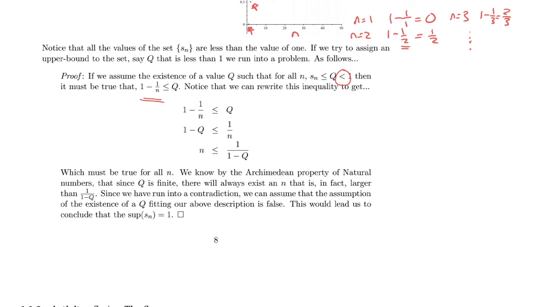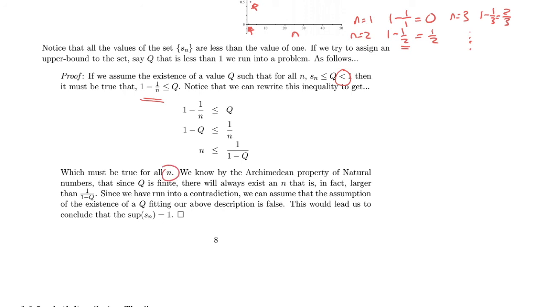Notice that we can rewrite this inequality. We've got 1 minus 1 over n is less than or equal to q. I can swap the 1 over n and the q to get 1 minus q is less than or equal to 1 over n. And then, because we know that we're dealing with positive values here, I can swap the 1 over n and the 1 minus q, and this has to be true for all n.